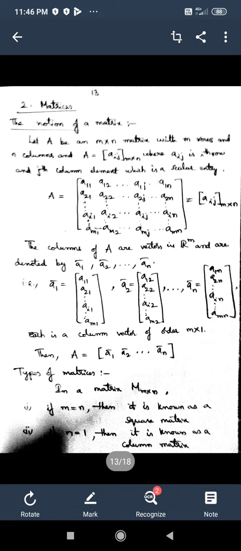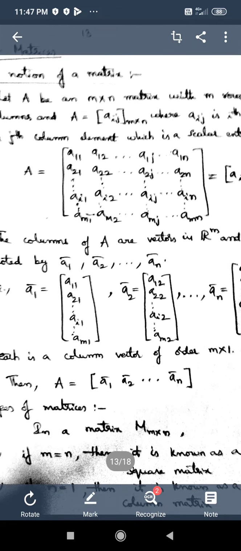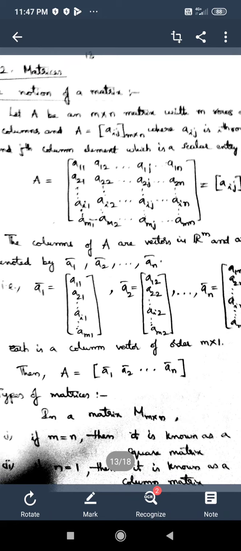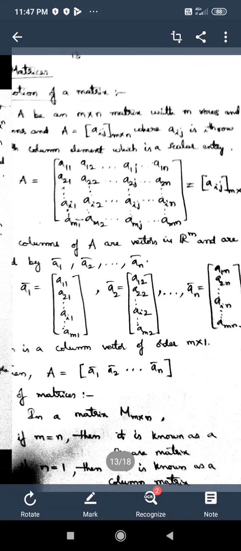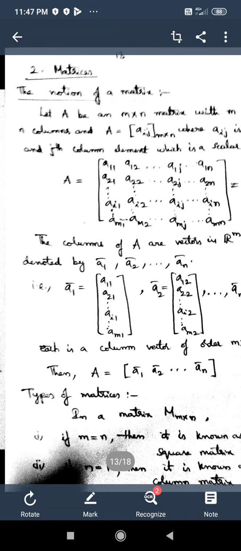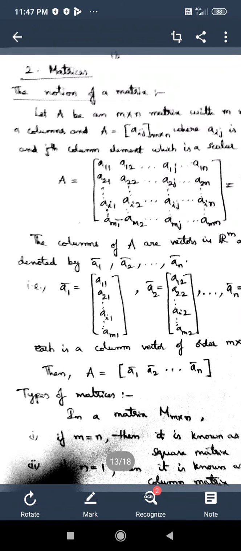If A is an m by n matrix with m rows and n columns, then capital A is a matrix consisting of elements of the form Aij as shown here, with order m by n, where Aij is the ith row and jth column element, which is a scalar. Scalar in the sense each element of the matrix is taken as a scalar.